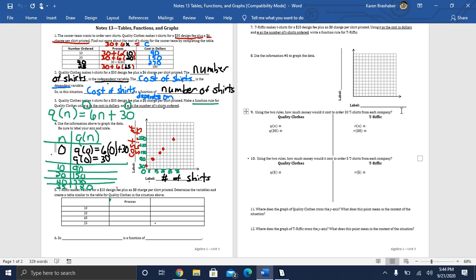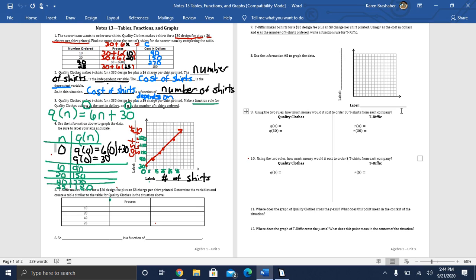And what you should be noticing is that all of your points will line up in a line. And so we're going to go ahead and connect those to show that this relationship is steadily increasing in a linear form. And that would be a picture of the information.